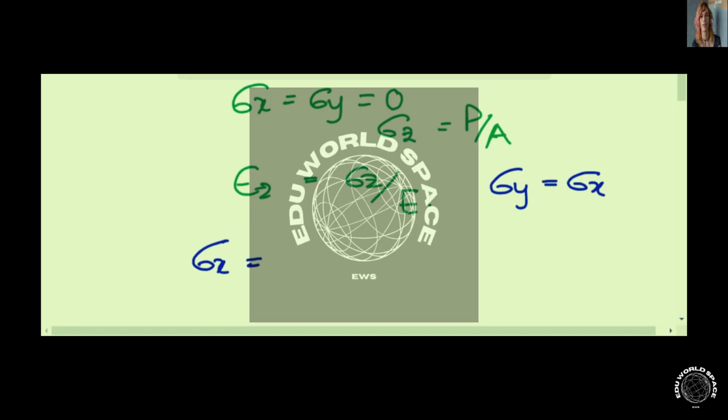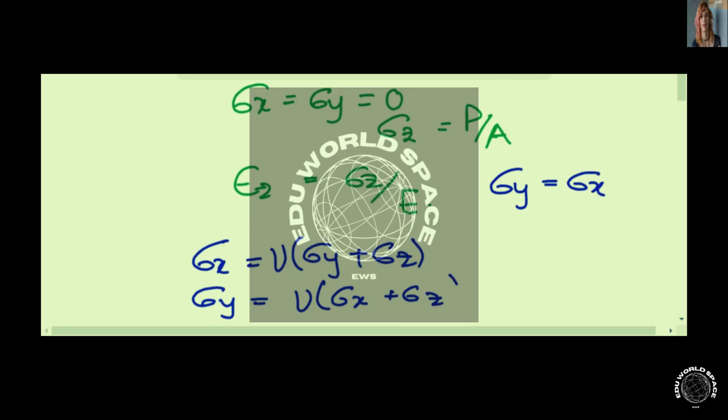the strain in the x direction is equal to the stress in the x direction minus epsilon times the stress in the y direction plus the stress in the z direction. And the strain in the y direction is equal to the stress in the y direction minus epsilon times the stress in the x direction plus the stress in the z direction.